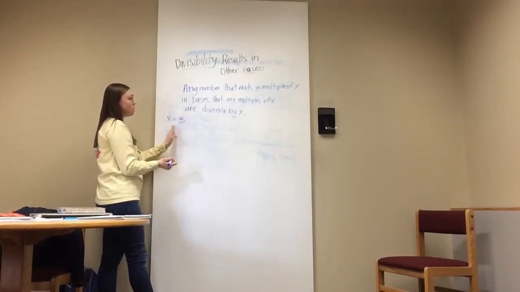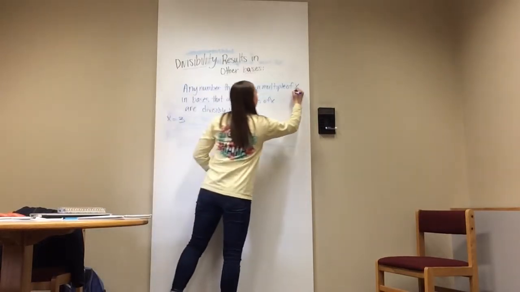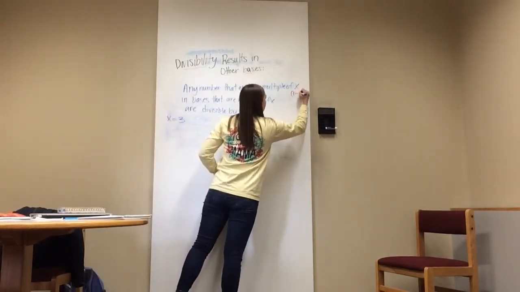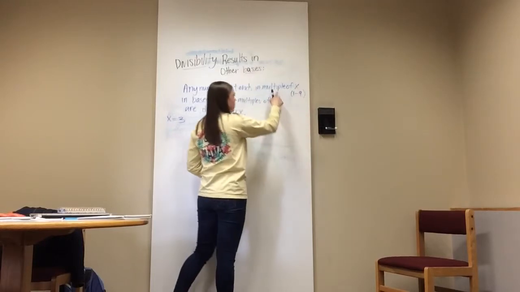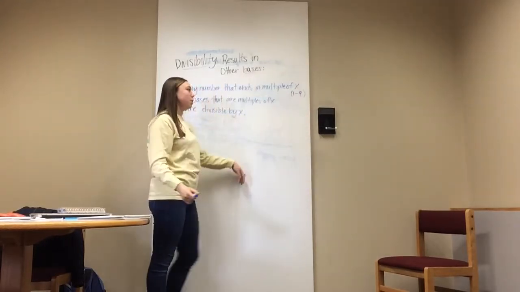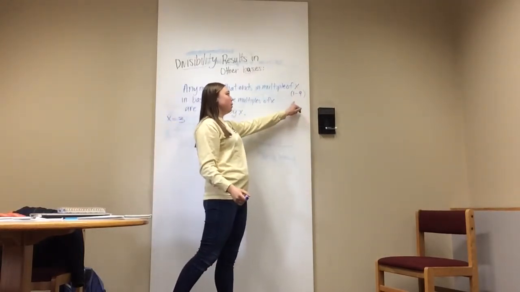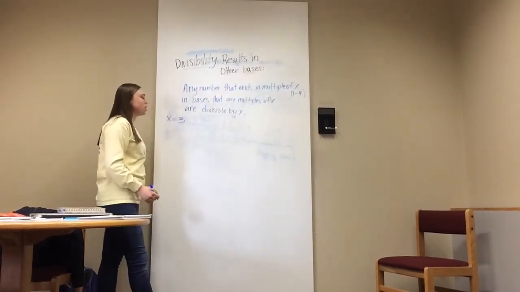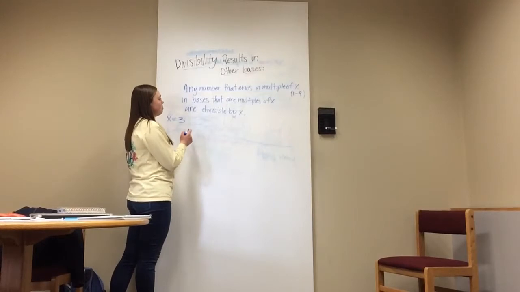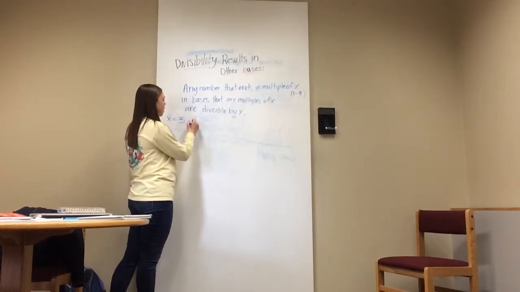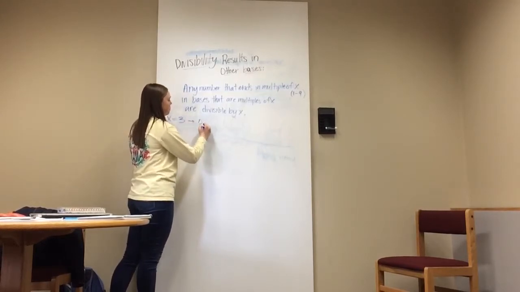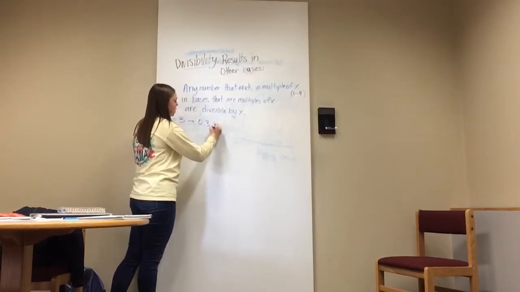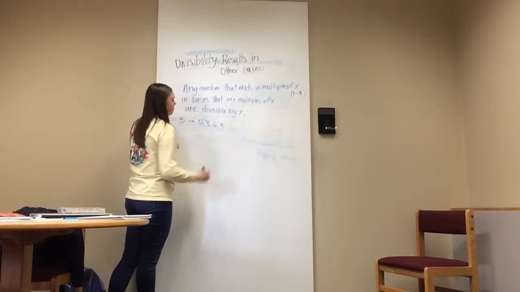So the multiples of x are only going to be 0 through 9, right? Because in this situation, that multiple is just going to be a single digit in the ones place. So our multiples of 3 are going to be 0, 3, 6, or 9.